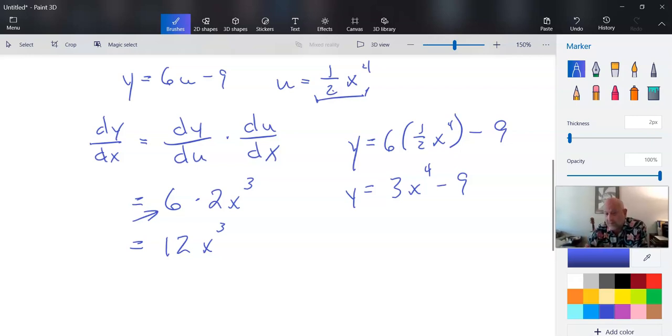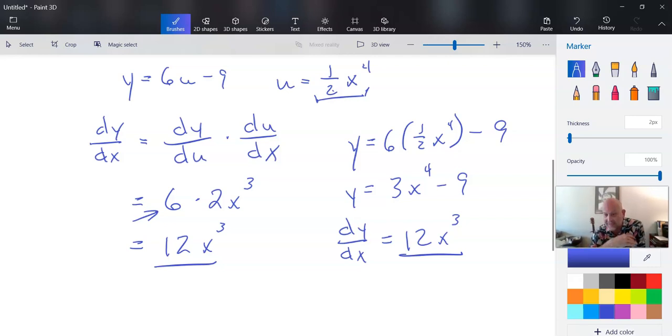I'm doing this because I want to point out that the chain rule is not always the fastest way to get things done. But I want you to go through these exercises anyway, even though there are often faster ways to do it. From here, if I just take the derivative with respect to x, dy/dx, well, the first term, 4 times 3 is 12, and that would make it x to the third, and the derivative of negative 9 is 0. And so you can see we get the same answer either way.